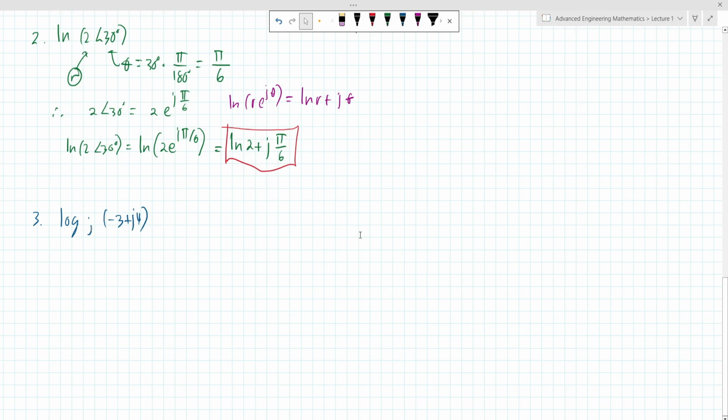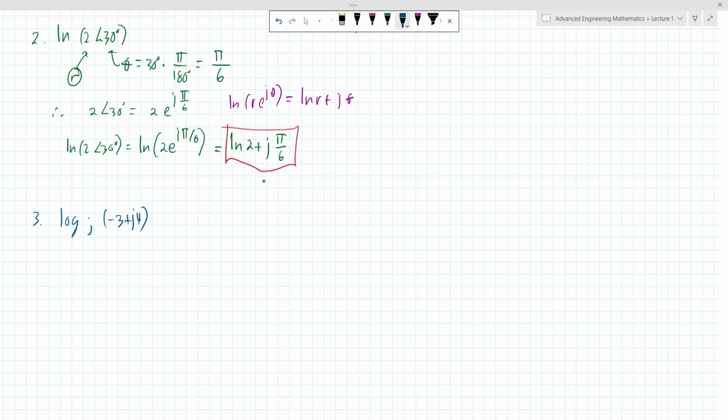Remember, we only have two cases, base 10 and base e. So we will make use of those methods. Here, I will choose the second case, which is the natural log, because as you can see, the natural log of a complex number is much simpler to write.